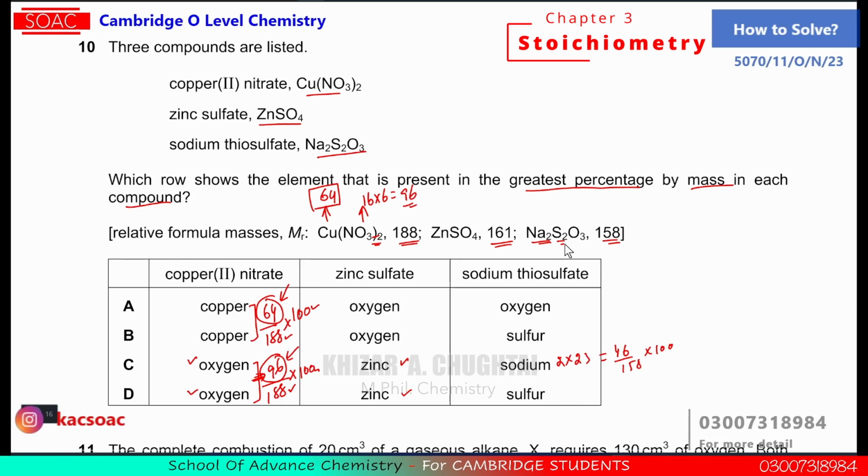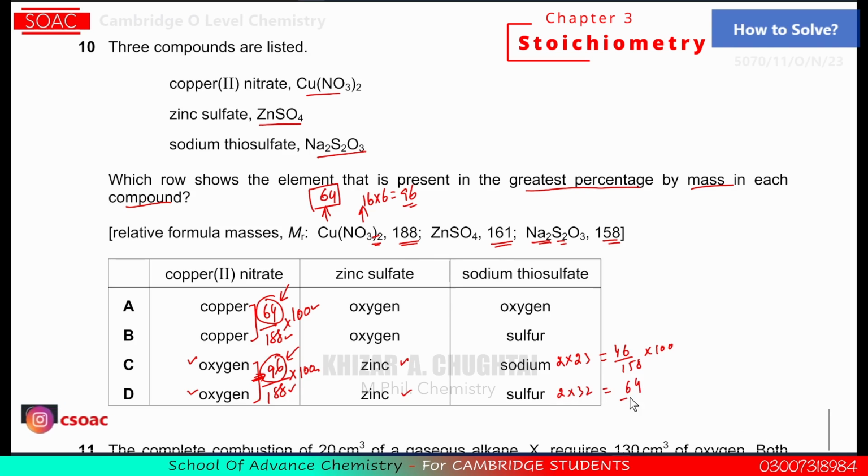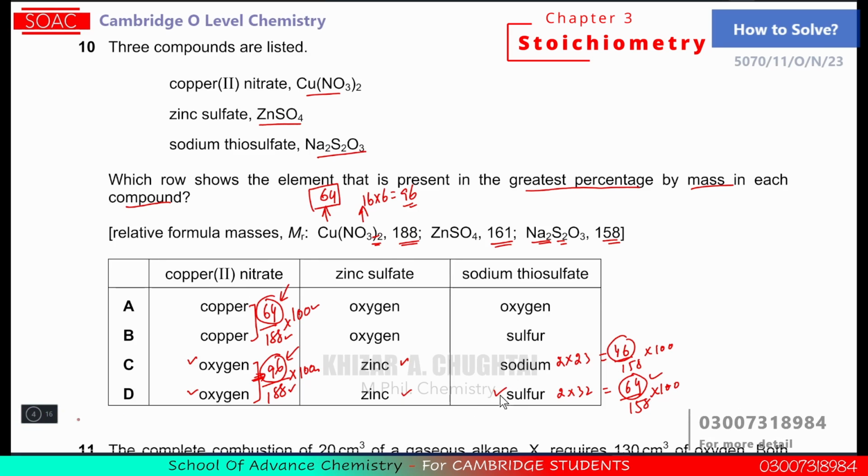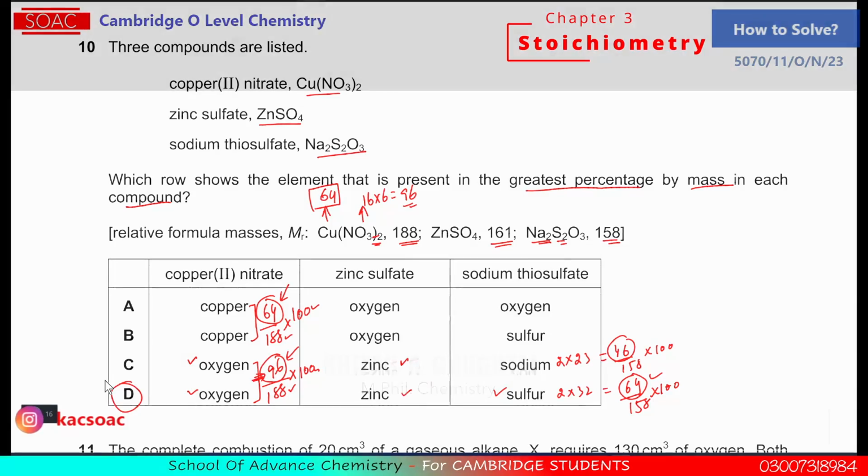And sulfur 2s, that is 2 into 32, that is equal to 64 over 158 into 100. So again, we can compare the numerators, and this one is higher one, so its percentage will be higher. So sulfur will have high percentage of mass in this compound. So D is the correct option.